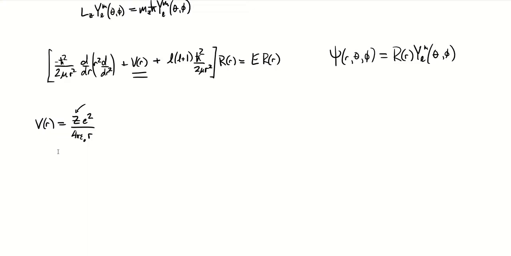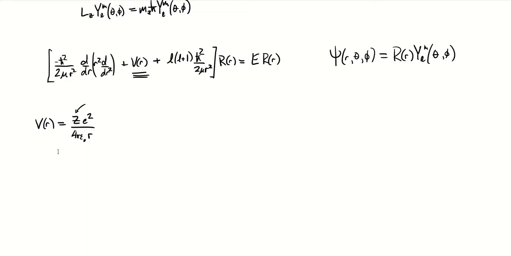If you have, say, an ionized helium atom or lithium or something like that, where there's just that one valence electron, the nuclear charge is going to be slightly different. You can just multiply it by the Z to scale it. But in general, the Coulomb potential for a hydrogen-like atom looks like this.